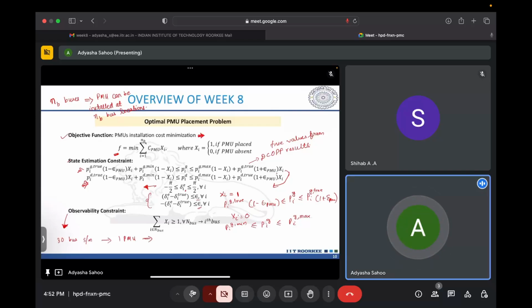Using this data, we do the state estimation to find the voltage at all locations. But now, for the 30 bus system, using only one PMU, you have the data at only one bus. So utilizing this information, you cannot get the information at other 29 buses.